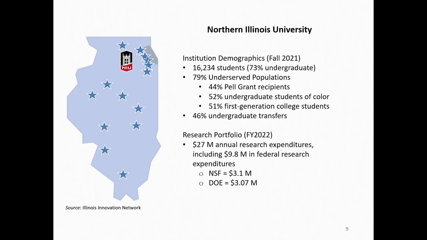It's a Carnegie classified Research 2 institution, 16,000 students, 79% identify with various types of underserved populations, a large population of undergrad transfer students. And the research portfolio is $9.8 million in federal research, including $3 million from the NSF and $3 million from DOE. So they're actually producing research.